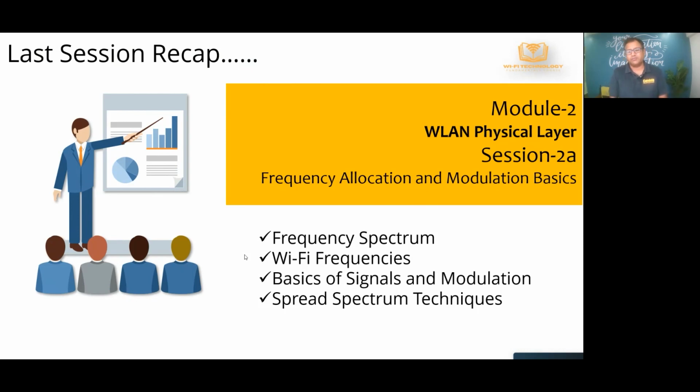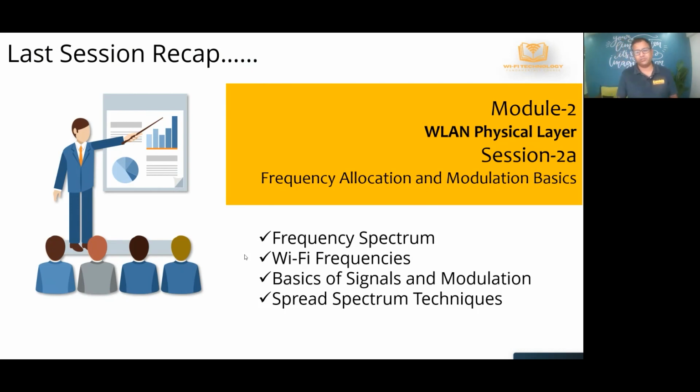We also touched upon basics of signals. We discussed what a wave is and why energy propagates from one point to another in the form of waves, how kinetic energy gets transformed into potential energy, and how potential energy transforms back into kinetic energy, creating a cyclic waveform on which information can be carried.